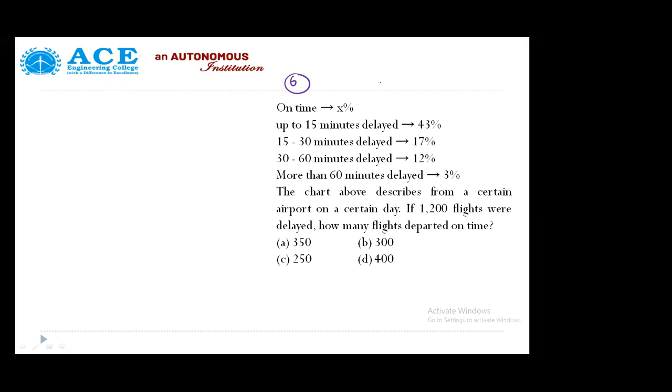Now let's see this question, my dear friends. Flights will be on time or delayed, or a train also on time or delayed. If it is early, they have to inform. They don't inform whether it's on time or delayed. On time is X%. If it is 15 minutes delay, or 30 minutes, or 1 hour, or 1 day delay, all these are delay.